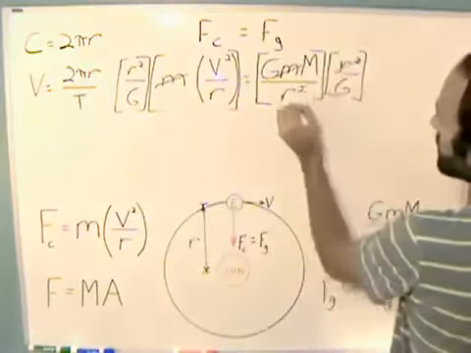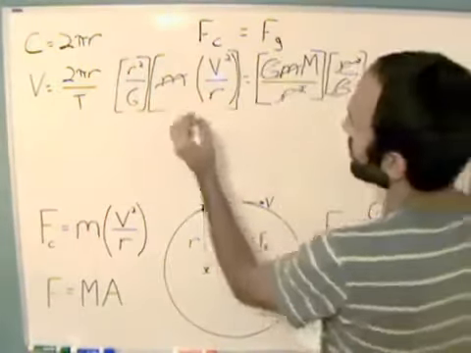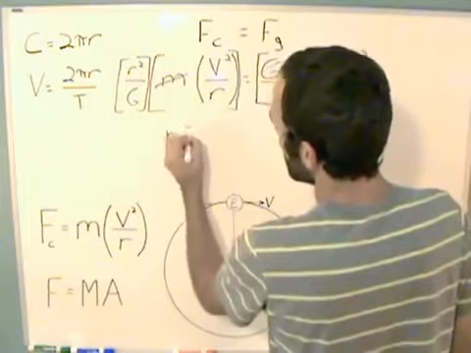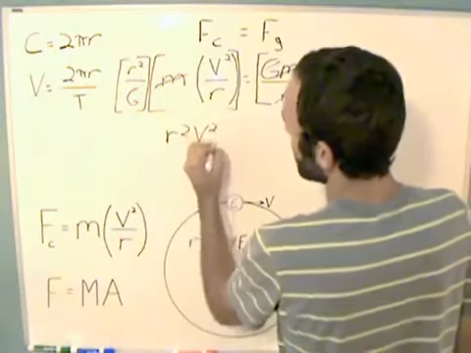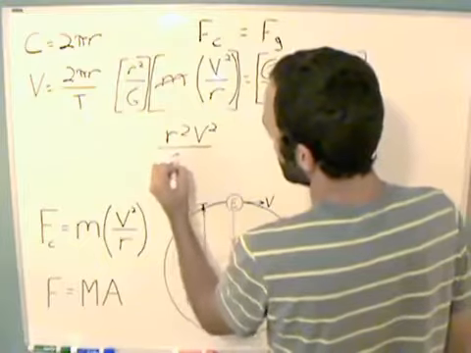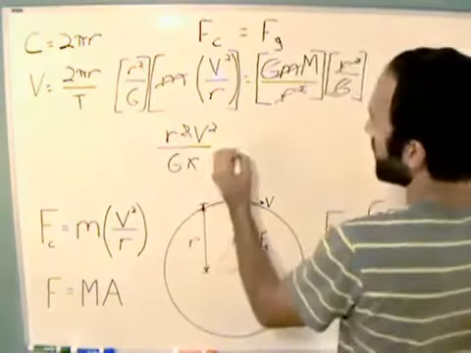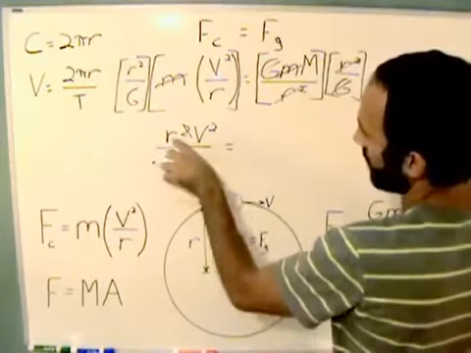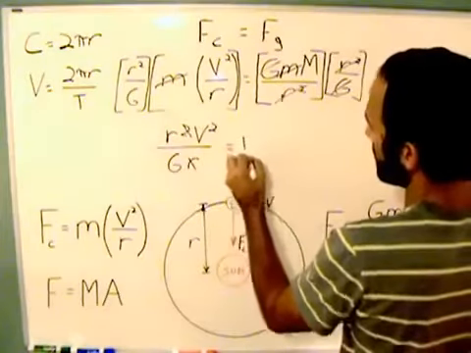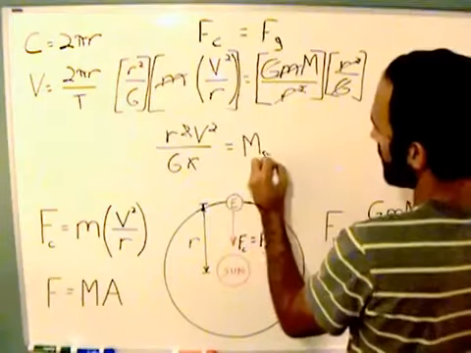So R squared cancels, G cancels. Over here you've got R squared times V squared over G times R. And then this R cancels. So you really just have R times V squared over G is equal to the mass of the sun.